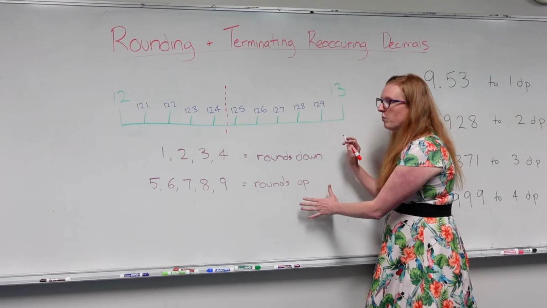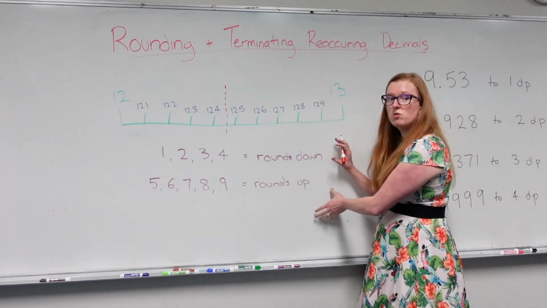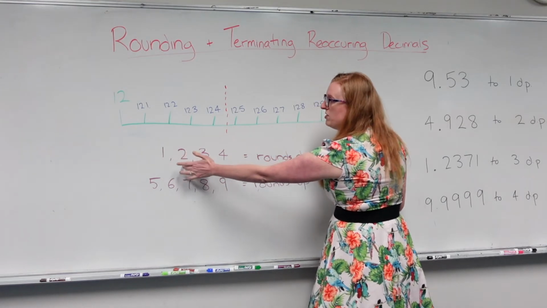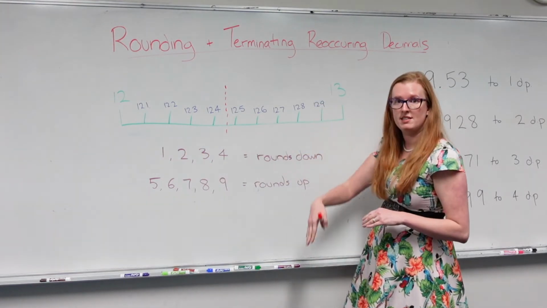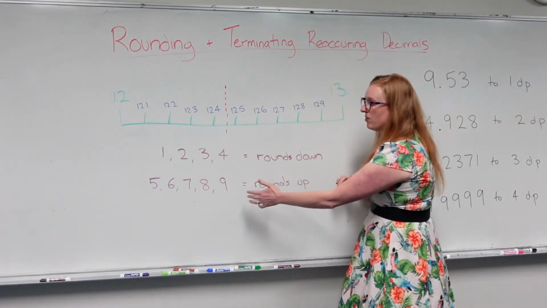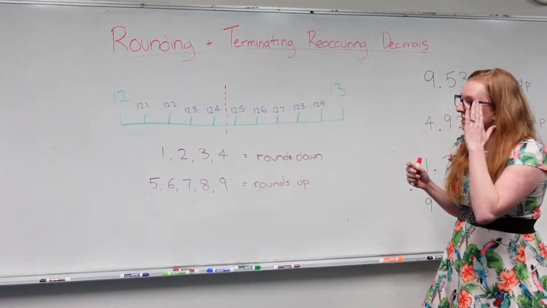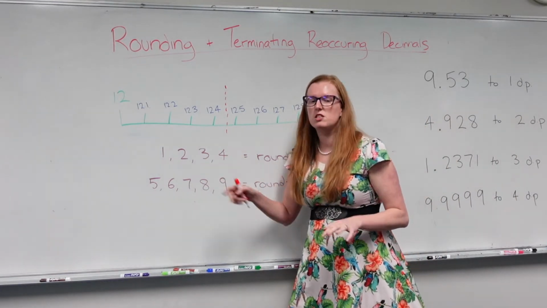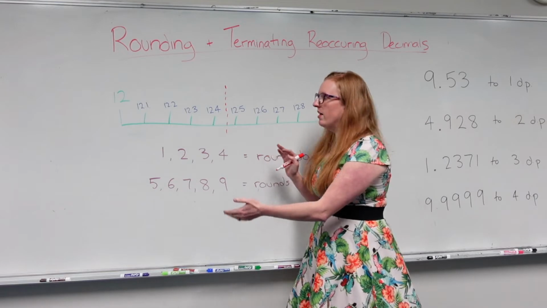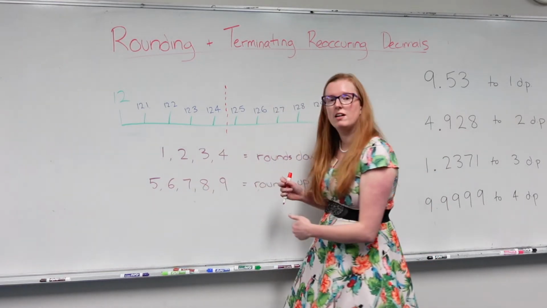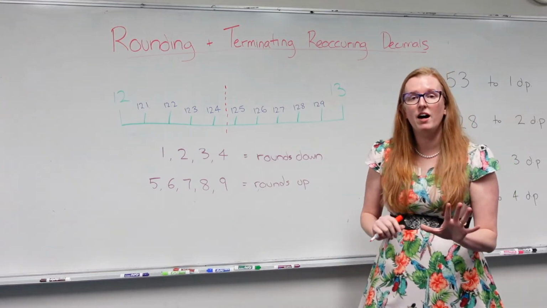Anyway, when you're rounding, these are the rules you have to follow. If it ends in a 1, 2, 3, or 4, it's going to round down. If it ends in a 5, 6, 7, 8, or 9, it's going to round up. And you might think, well, this one has 5 digits and this one only has 4 digits. Who cares? That's the rule. Someone somewhere decided that 5 was going to round up, so that's what you have to remember. 5 rounds up.